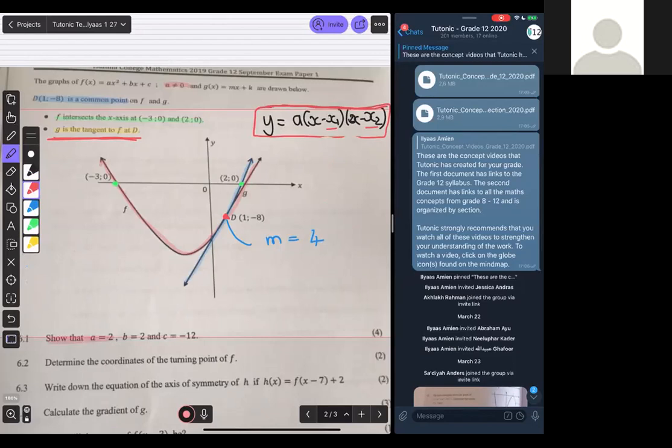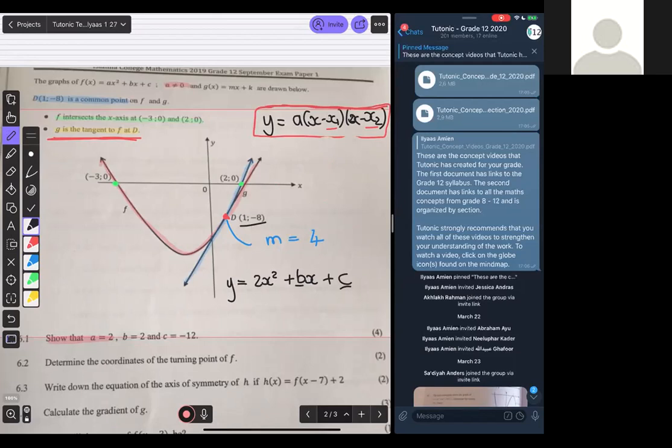Okay. So what else can you do? You want A, B, and C. So you've got y equals 2x squared plus bx plus c, right? That's your equation. You want B and C. What if you sub in 1, minus 8? But we still have 2 unknowns, B and C unknown.